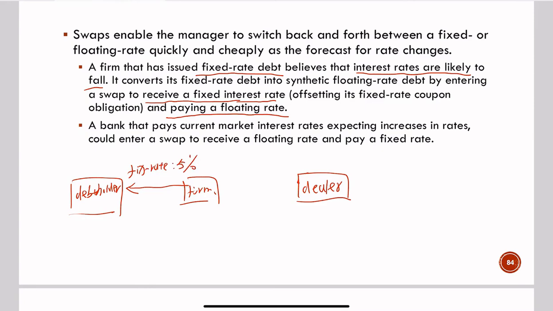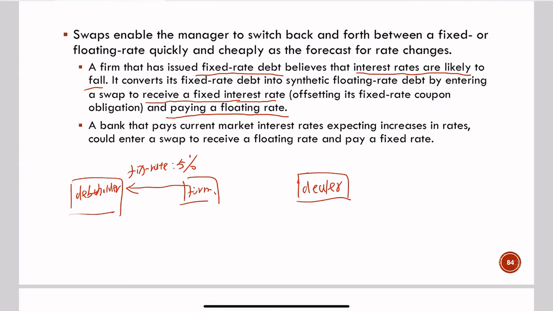Now, the firm has some forecast. The firm thinks that in the future, the market rate will actually decrease. Let's say the firm forecasts the rate will decrease to 3%. So if the rate decreases to 3%, continuing to pay its debt holders a 5% rate is undesirable, right?